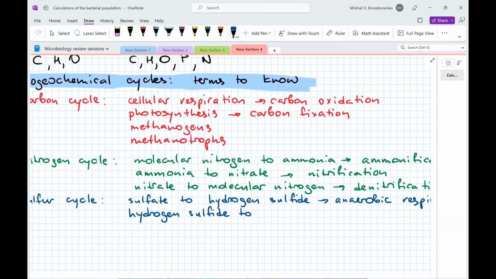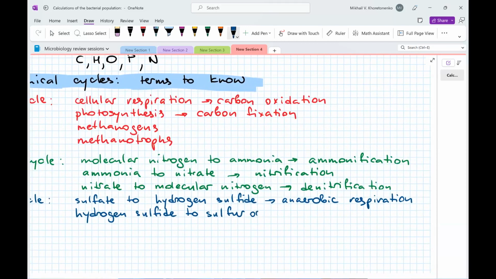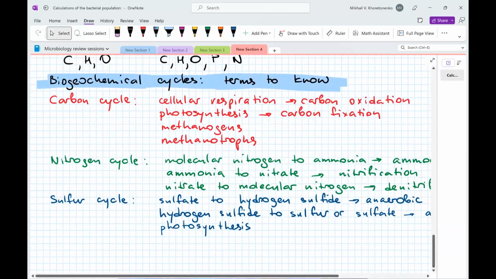Hydrogen sulfide to sulfur or sulfate, anoxygenic photosynthesis. Okay, does that make sense so far, folks?